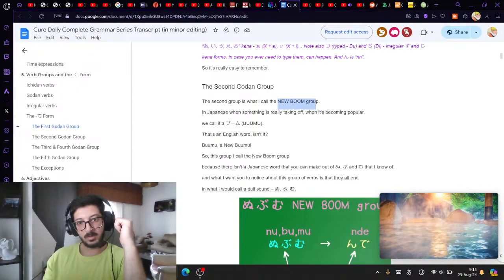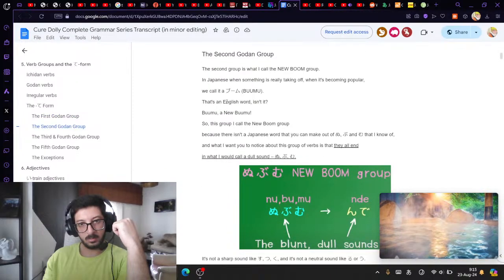In Japanese, when something is really taking off and becoming popular, we call it a boom. That's an English word, isn't it?